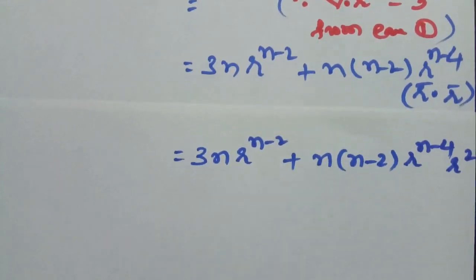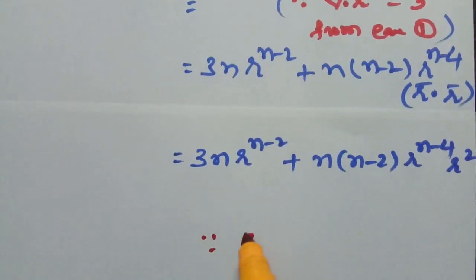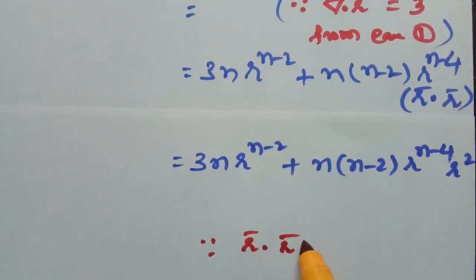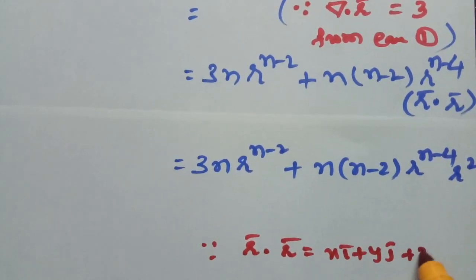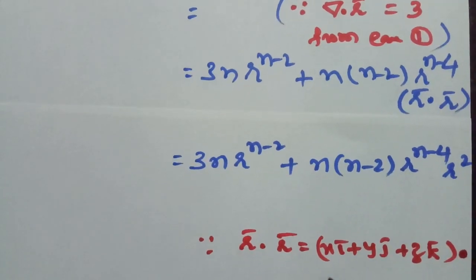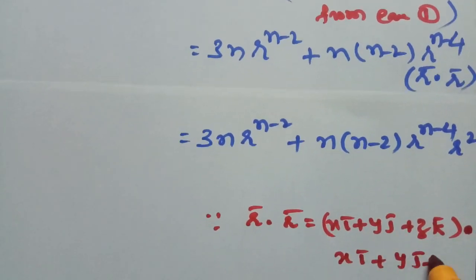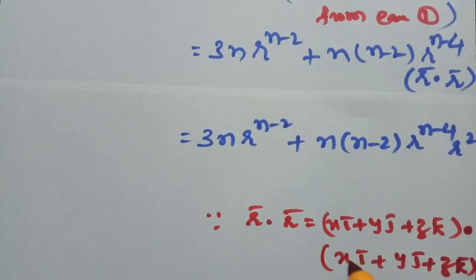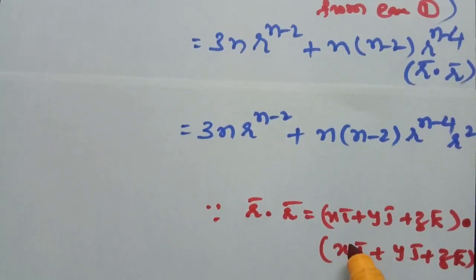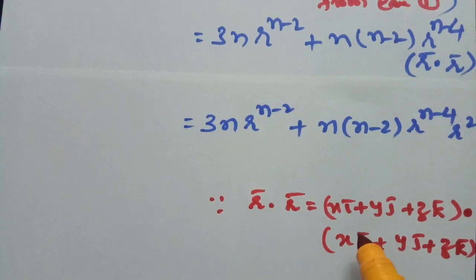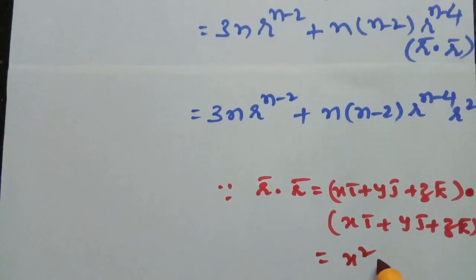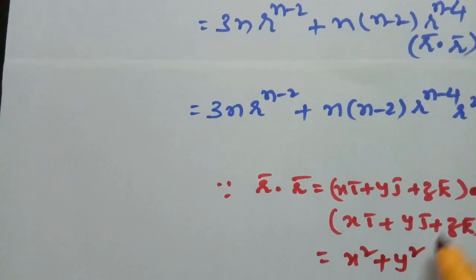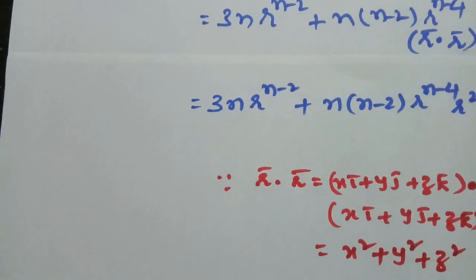Since r bar dot r bar is xi bar plus yj bar plus zk bar dot xi bar plus yj bar plus zk bar, i bar dot i bar is 1, that is x square, j bar dot j bar is 1, that means y square, k bar dot k bar is 1, that is z square.